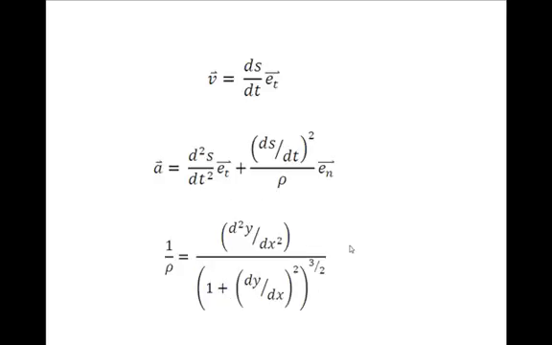Now we are not deriving this; it's a standard mathematical result and we are going to accept it. These three are going to be our basic equations for solving all the problems of kinematics of particles in curvilinear motion. So we are going to look at the problems in the next video.